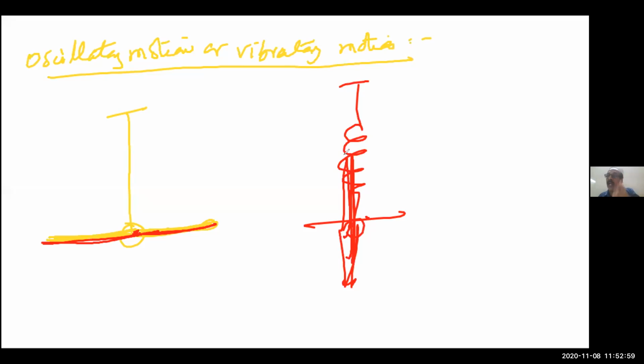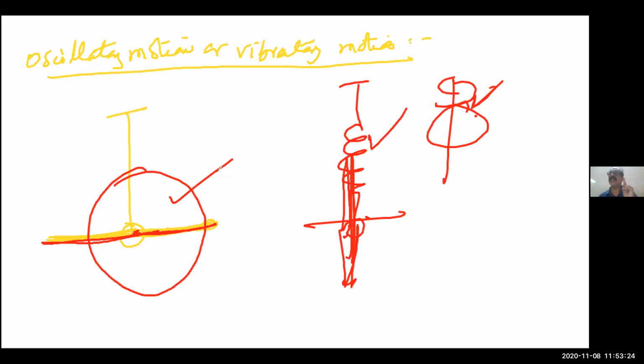So they go along the same path repeatedly. But if you take the spinning of the earth, it keeps on going in the same direction. It will not come back. After 24 hours, do you think earth will spin back? No. So spinning of earth and oscillation of pendulums, both are periodic motion. But the motion of a pendulum is vibratory motion or oscillatory motion, and this is not.